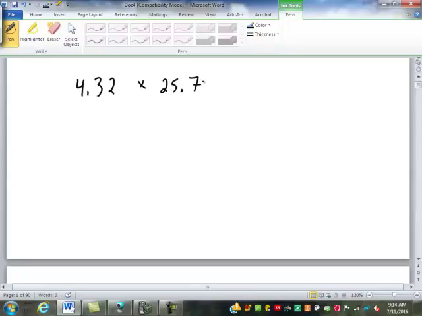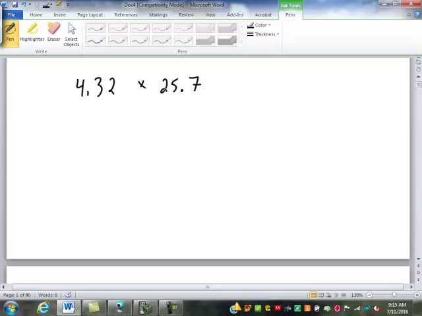Now, before we write this out and do any calculations, how many decimal places are going to be in our answer? 3. Very good.